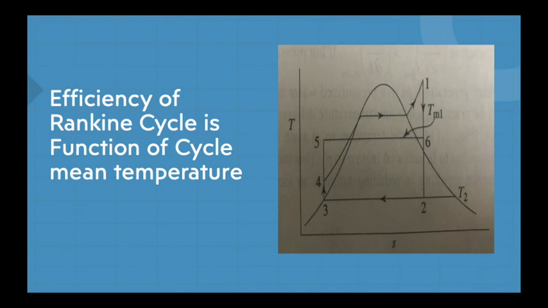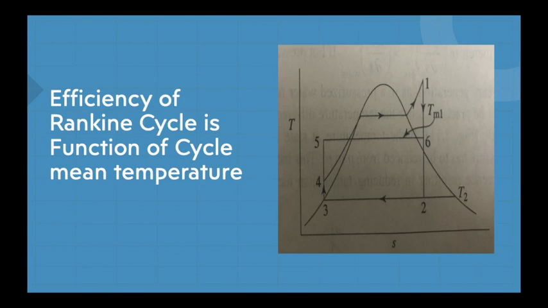In this way we have been able to achieve one temperature Tm1 and another temperature T2. The Tm1 represents the mean temperature of heat addition and the T2 represents the mean temperature of heat rejection. Before going for Tm, I would like to talk about the T2.